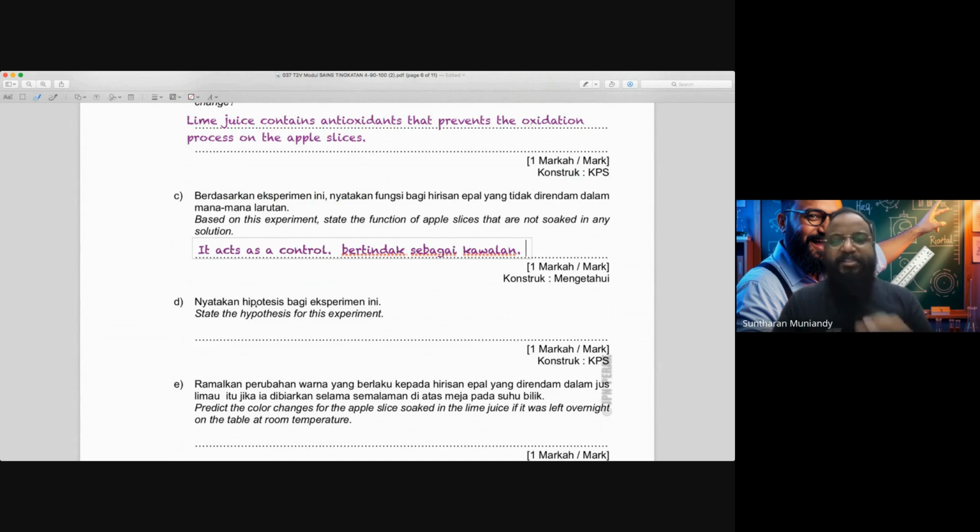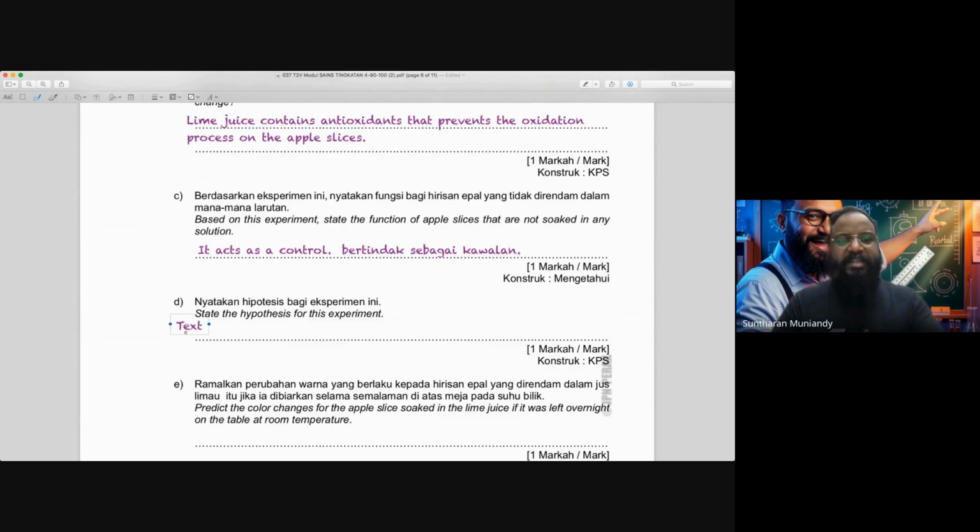State the hypothesis for this experiment. Okay.